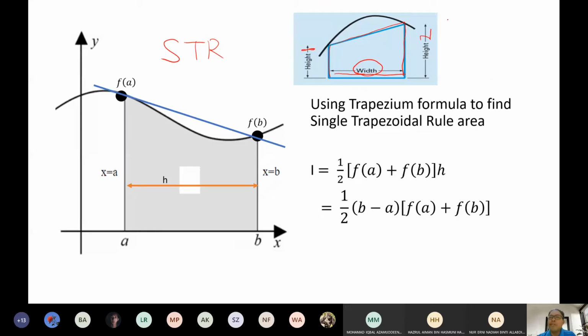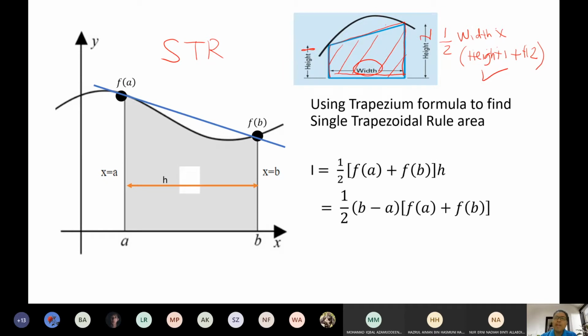Therefore, the area of this trapezium is half of the width times the summation of height 1 plus height 2. So you can find the area of that trapezium using this formula.